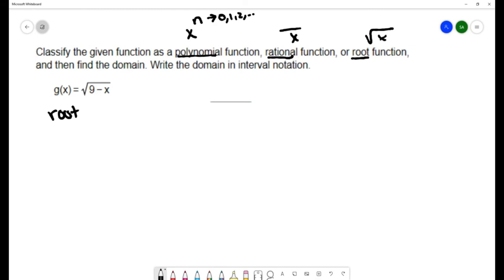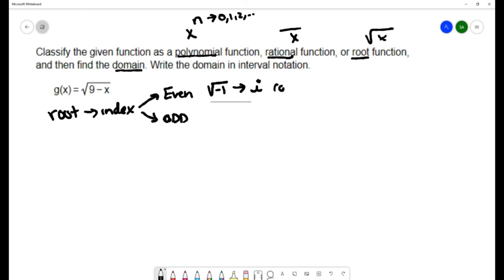So we have a root function, and then we want to find the domain of this root function. And when you're finding the domain of a root function, you need to pay attention to the index. You need to pay attention to whether the index is even or odd, because with even roots, the even root of a negative gives you i, which is a complex number.